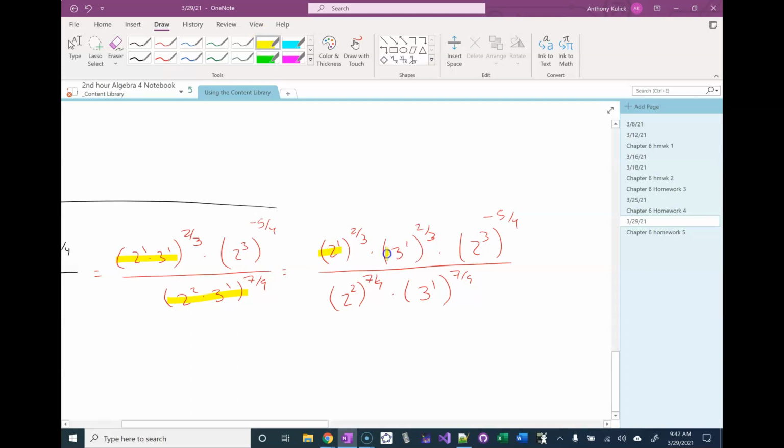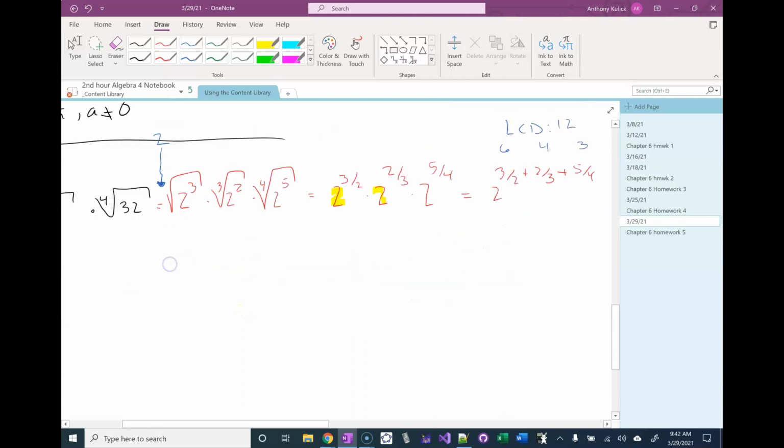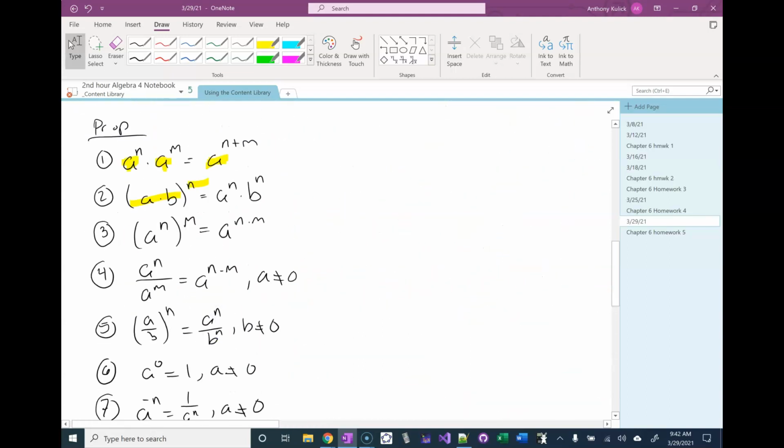Okay. So each one of these, I have an exponent on the inside and an exponent on the outside. That's property 3. And property 3 says we just multiply the exponents together to simplify them. That's easy enough.